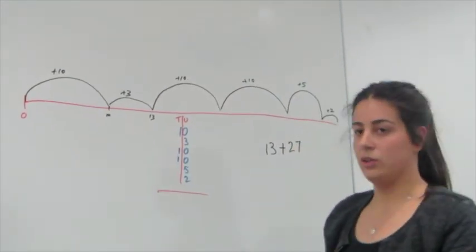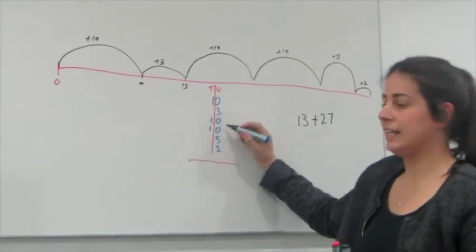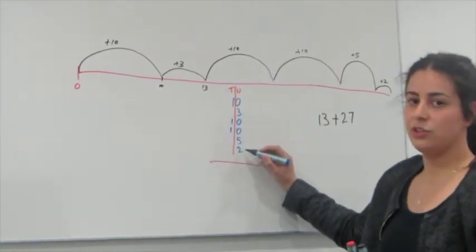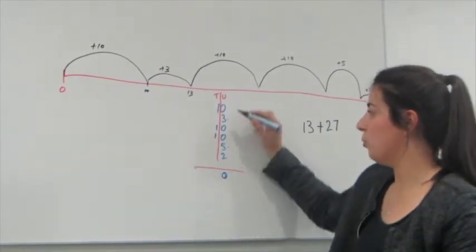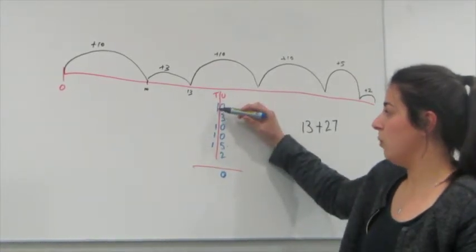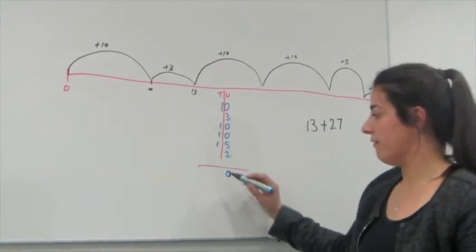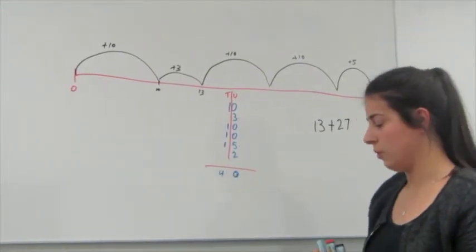So now we're going to add all of these up. We know 3 and 5 is 8 plus another 2 is 10. So we're going to place a 0 here and we're going to put the 1 in the tens column. Now we have 1, 2, 3, 4 lots of 10, which means it equals 40.